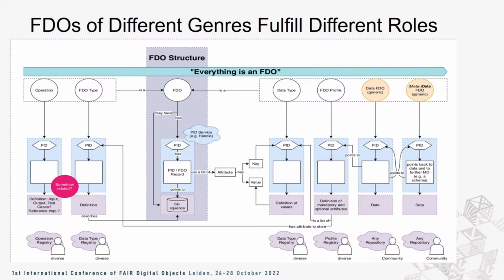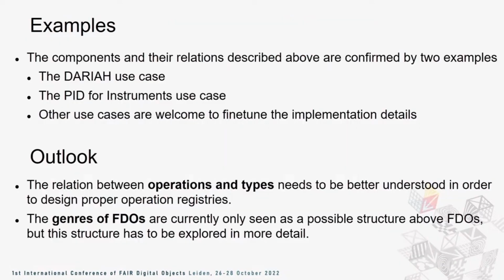We have two examples, one legacy one, which came from times far beyond even the RDA discussion, the DARIA use case, where we have used human readable keys and values which are fulfilling some kind of constraints.